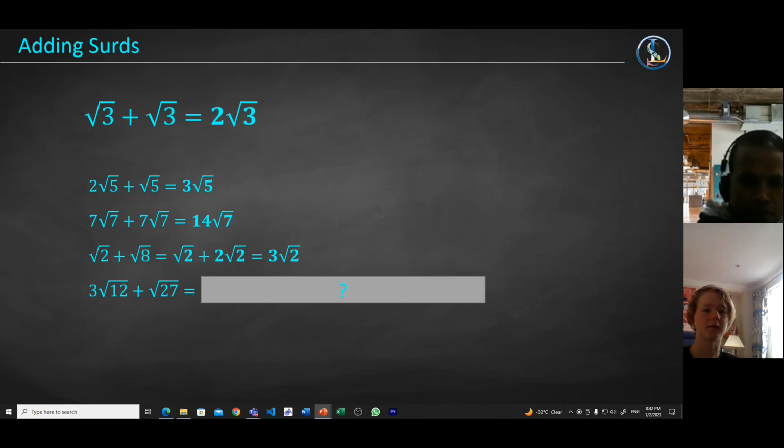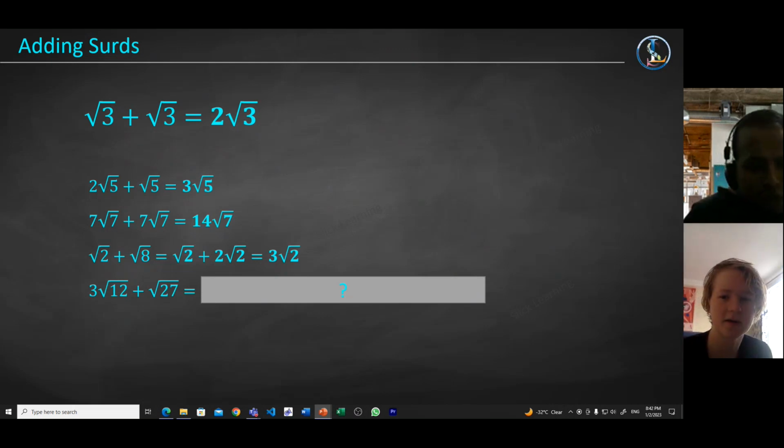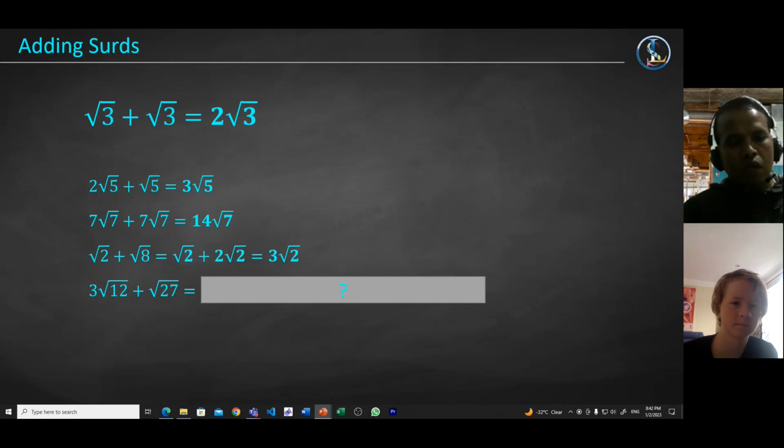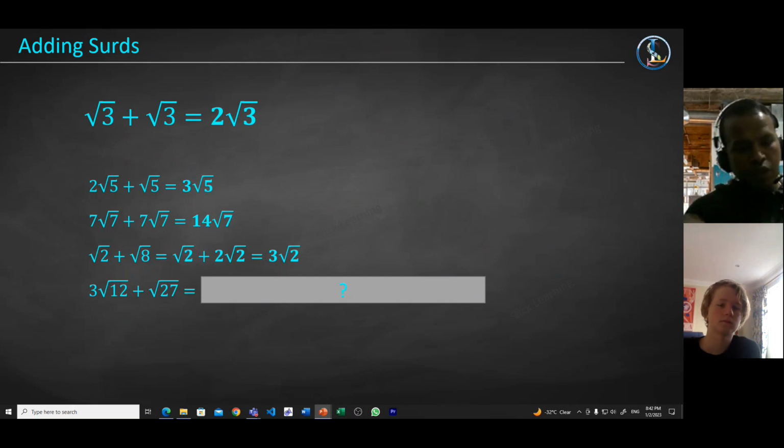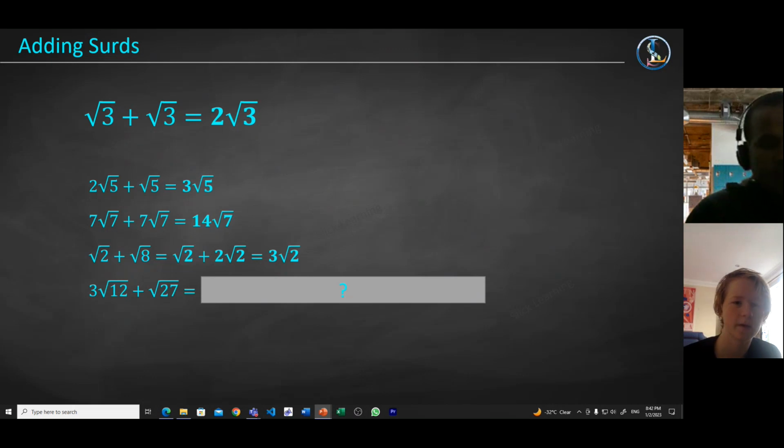So you'd have to simplify 27 down to. Can't you simplify both of them down to something? Yeah, you need to simplify both here because 12 is not a factor of 27. So you are going to simplify 12 to the lowest number, and even 27.